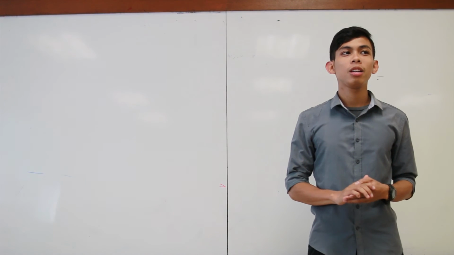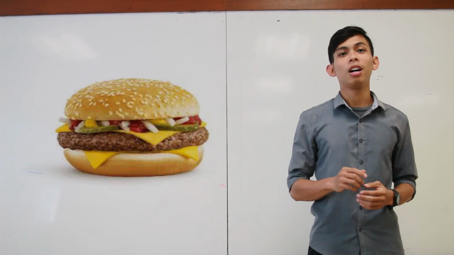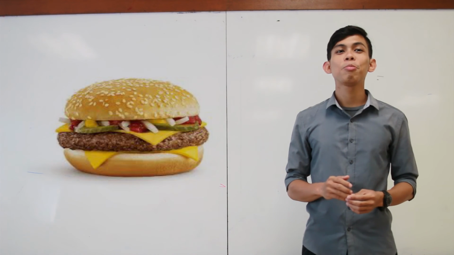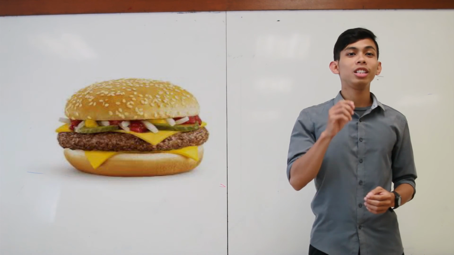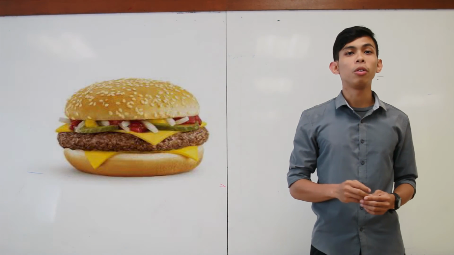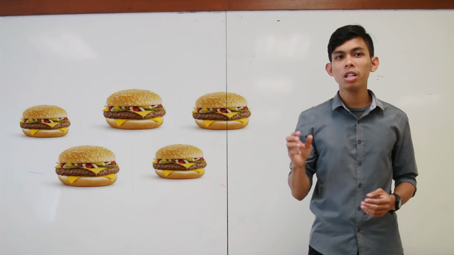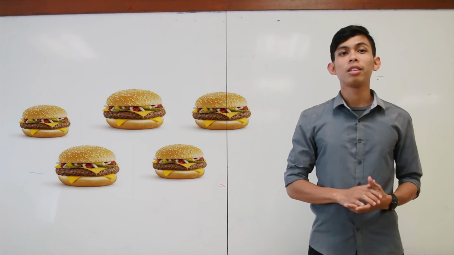A company called McDonald's has a product called the Quarter Pounder Burger. It claims in its advertisement that this Quarter Pounder Burger weighs 0.25 pound. But of course, every Quarter Pounder burger is different in weight.